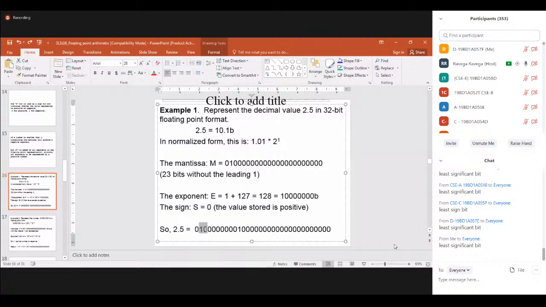After that, the exponent 1 followed by 7 zeros. And after that you are representing the mantissa. This is the mantissa. Clear? Any doubts here? Please let me know if you have any doubts.